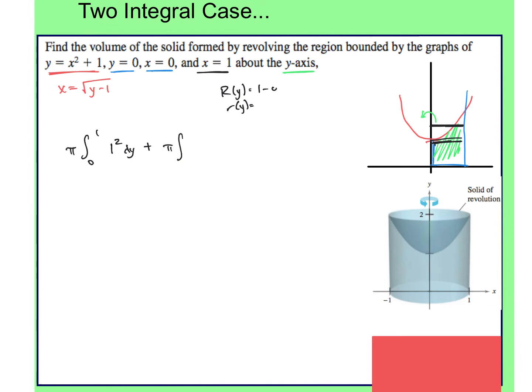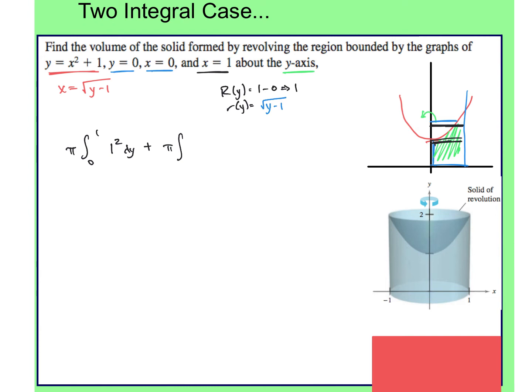It's 1 minus 0, which we're going to call 1. So then we need to get to our little radius, and our little radius is this portion right here. So what's my little radius? Square root of y minus 1. All right, because we're in terms of y. It's really minus 0, but we don't need that.